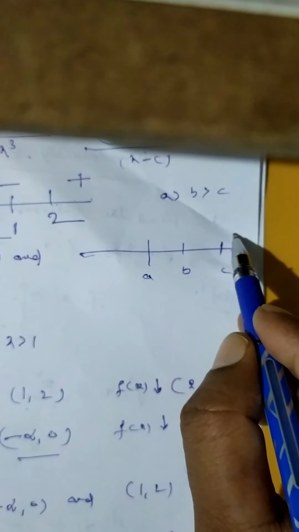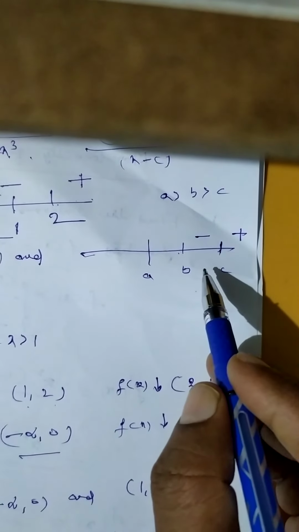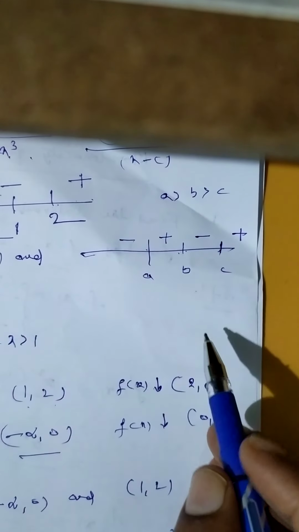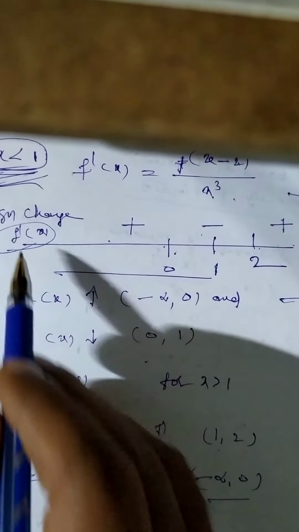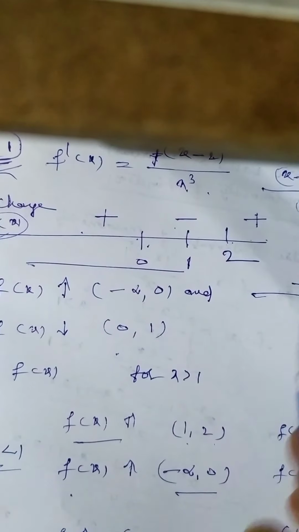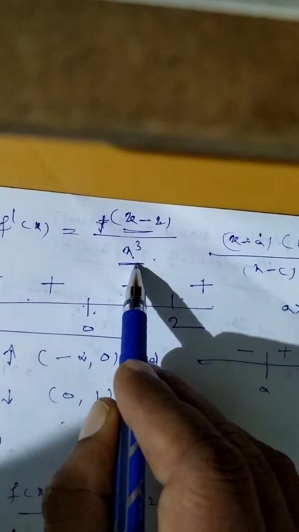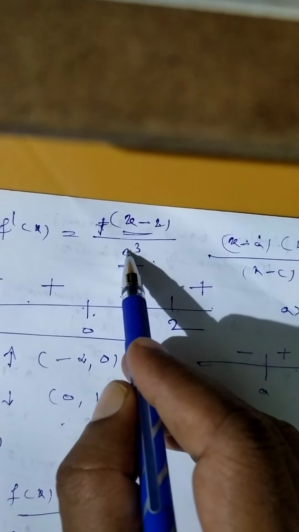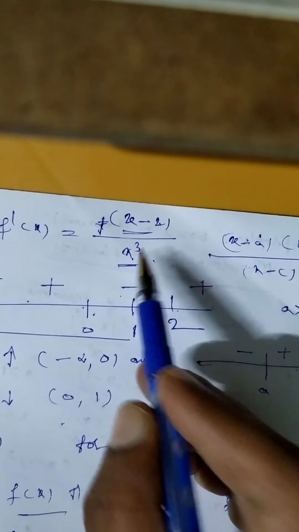For any x greater than a it is positive, between b and a it is negative, between c and b it is positive, and then negative. The sign changes for the given function. In this case, the sign change of f dash of x is calculated. The roots of f dash of x, x minus 2 by x minus 0 whole cube: as the power is an odd number, the sign changes. If it is an even number, the sign remains the same.